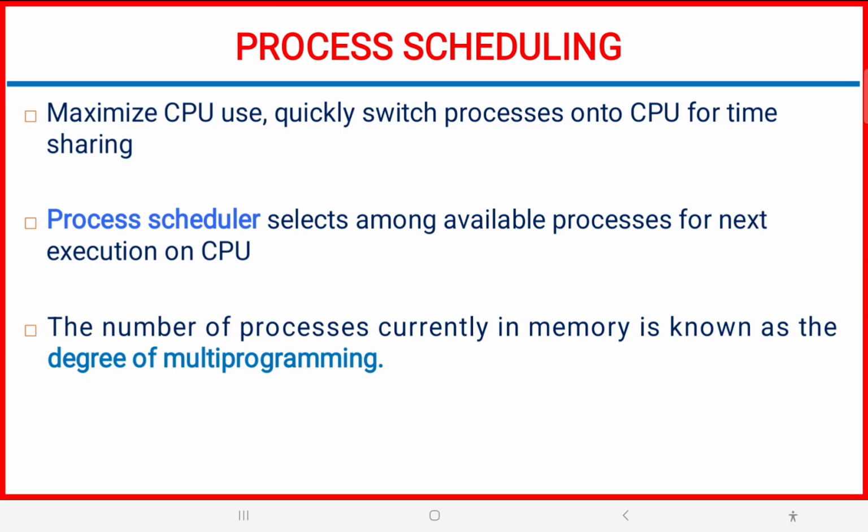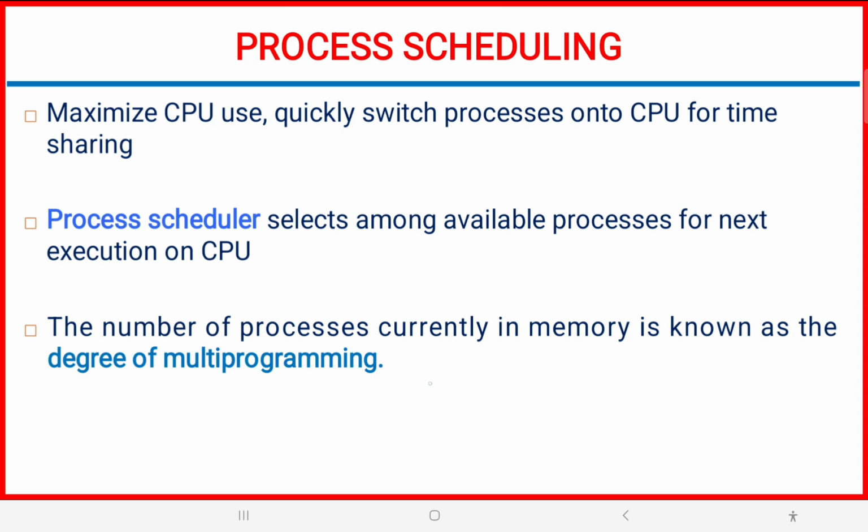It is the scheduler which selects a process from the processes available in the main memory and passes it on to the CPU core for its execution. One core can run only one process at one time.